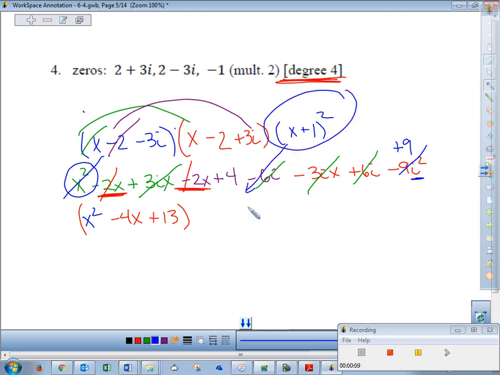So I'm going to bring him down and expand him right away. Square the first guy, twice the product, square the last guy. But the cool part is all the imaginary stuff's gone now. Yay for being gone. Now again, 3 guys times 3 guys.